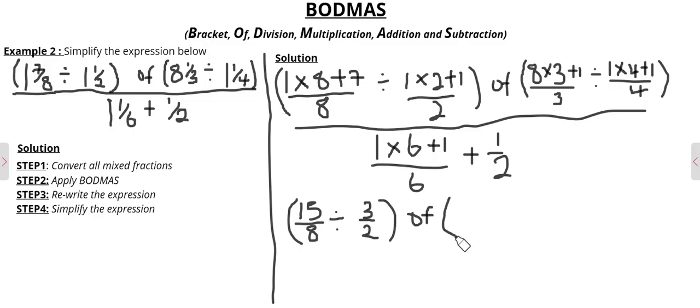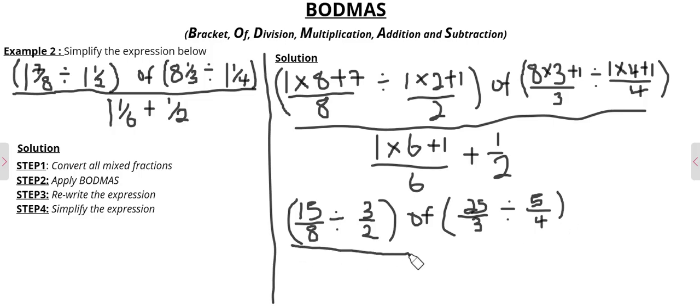And then again we have 8 times 3 is going to give us 24. 24 plus 1 is 25. So we have 25 all over 3, still divided. Now 1 times 4 is 4, and 4 plus 1 is 5. 5 all over 4.